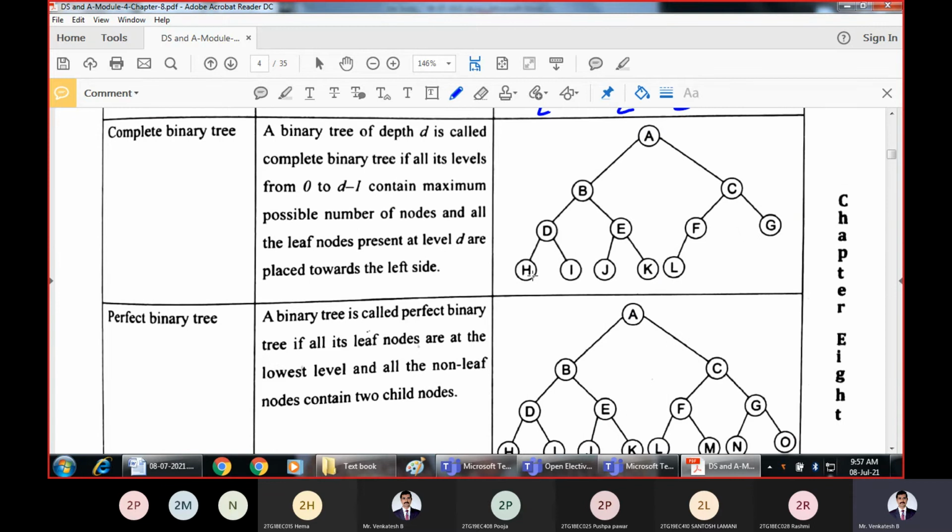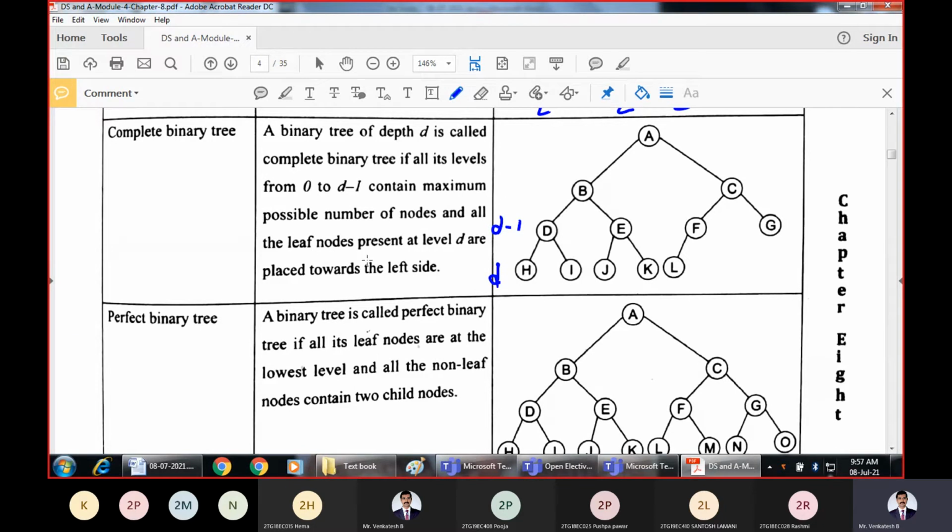Next, coming to the complete binary tree. So what is a complete binary tree? A binary tree of depth D is called a complete binary tree if all its levels from 0 to D minus 1 contain the maximum possible number of nodes, where the last level is D, and D minus 1 is the level before it.